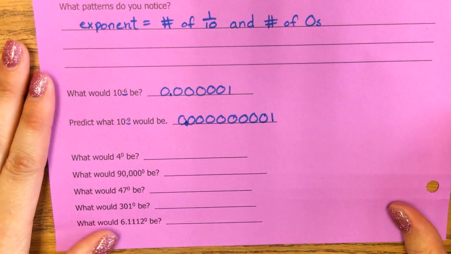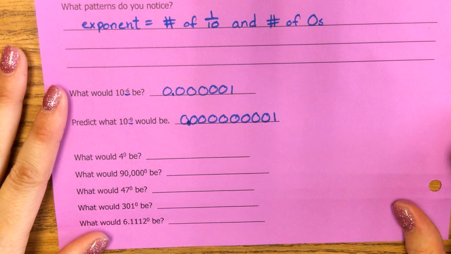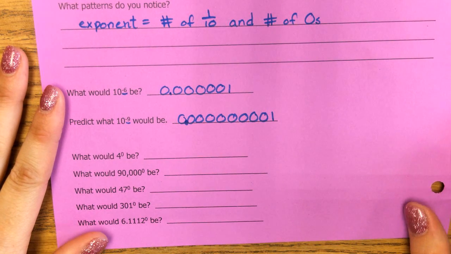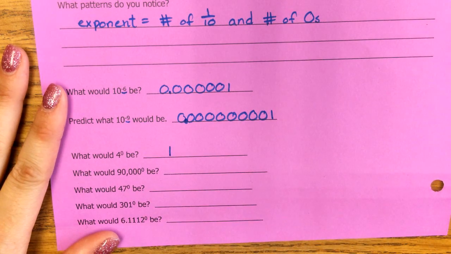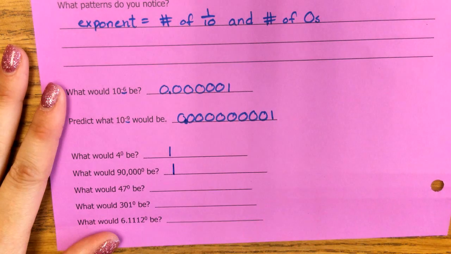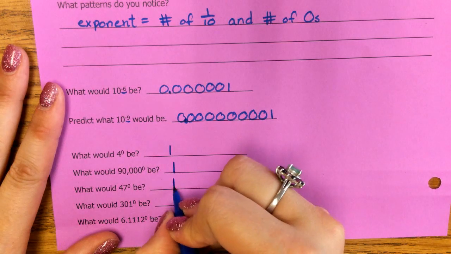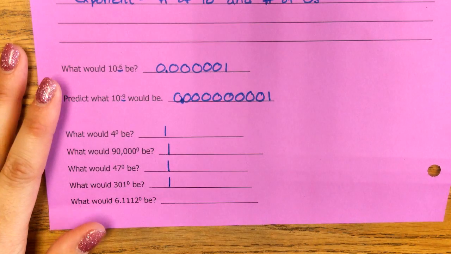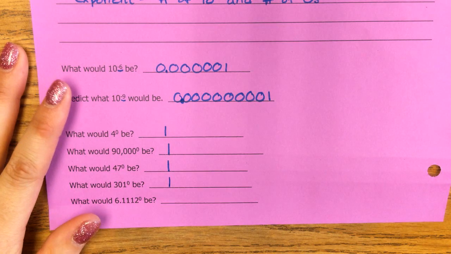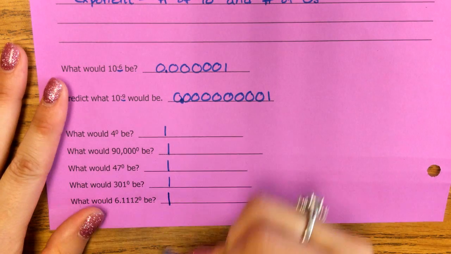This last little part here is just stuff we really want to remember. We said 10 to the 0 power was 1. 4 to the 0 power is also 1. 90,000 to the 0 power is 1. 47 to the 0 power is 1. 301 to the 0 power is 1. 6.1112 to the 0 power is also 1.